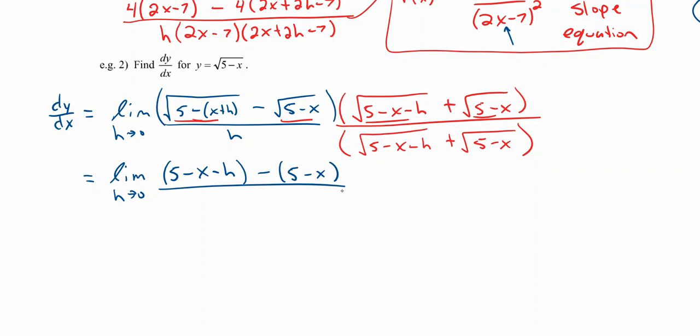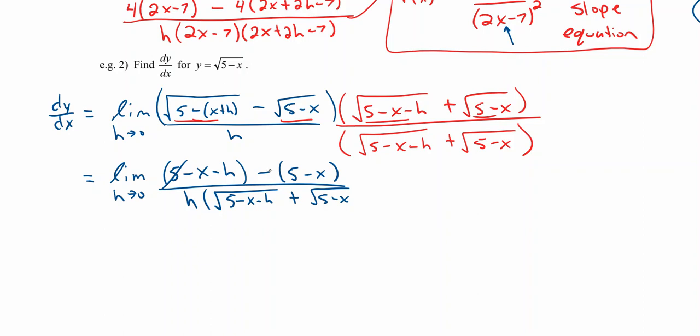Over our new bottom here, right? So now we have h times the square root of 5 minus x minus h plus the square root of 5 minus x.